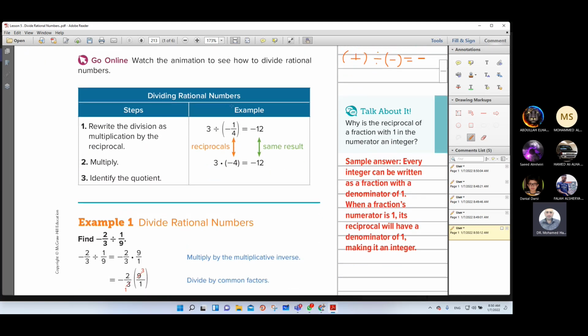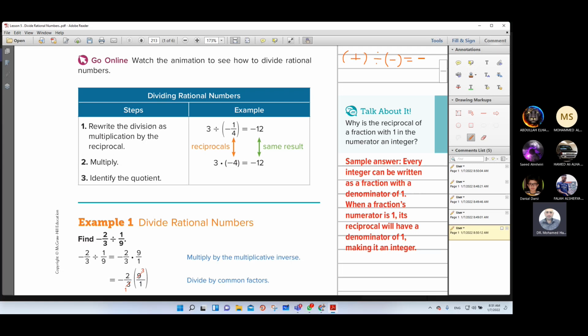So when you want to divide rational numbers, the first step is to rewrite the division as a multiplication by the reciprocal. We use the rule: keep, change, then find the reciprocal.